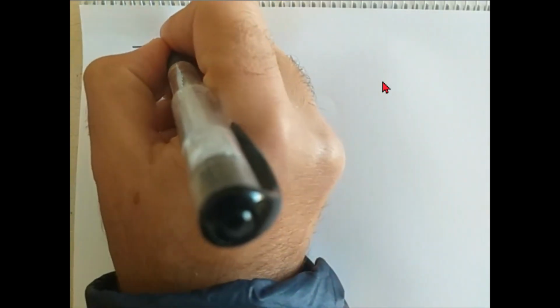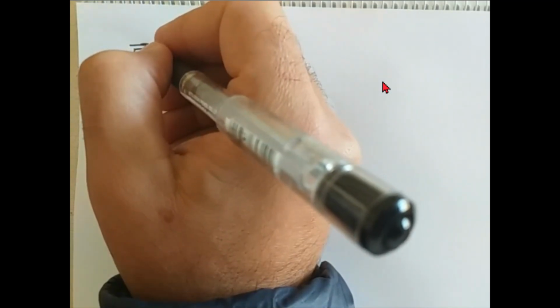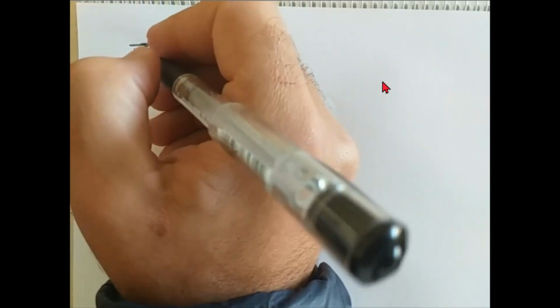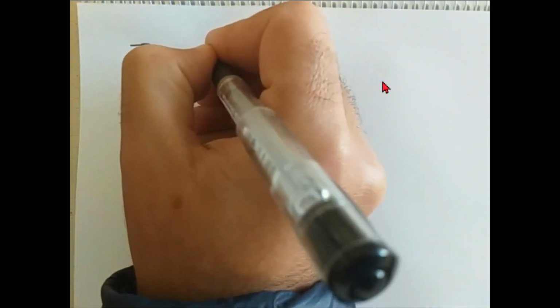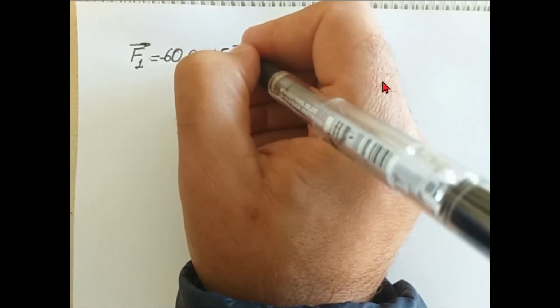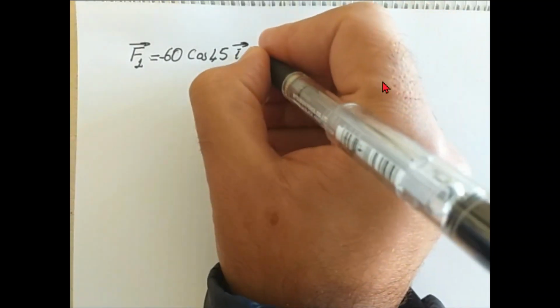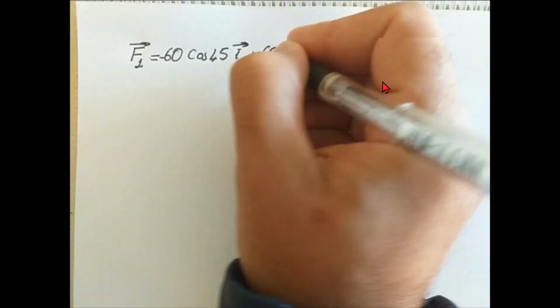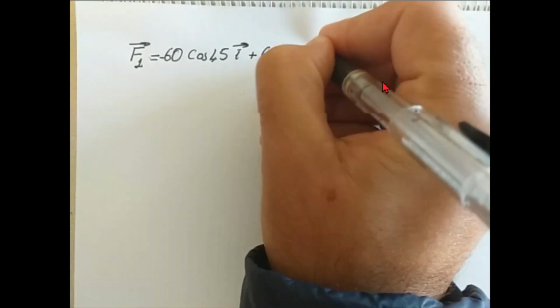So this is, by the way, minus, because it's in the negative direction. Cosine 45 i vector plus 60 sine 45 j vector.